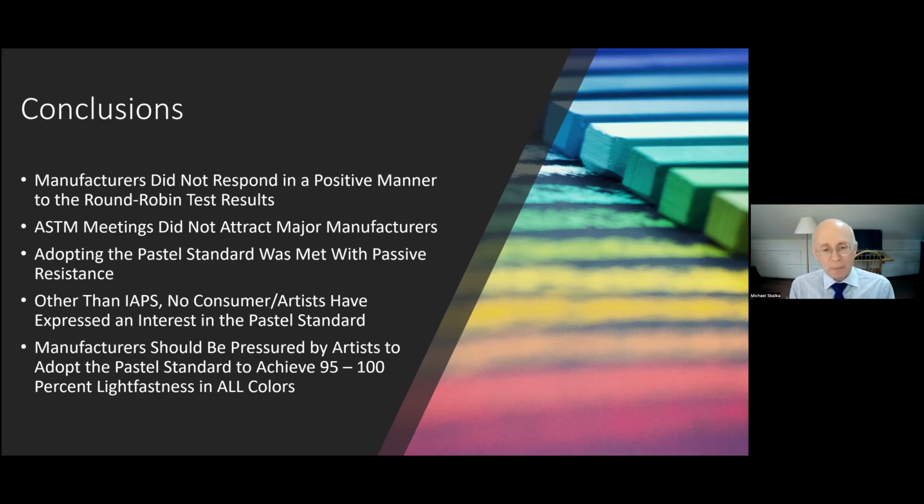In conclusion, our manufacturers that did attend did not respond in a very positive manner to our round robin results. There was a manufacturer who said, this can't be done. And it's like, well, the problem is when you did your indoor test, the fan speed of the indoor chamber was so high, it actually moved the samples around and scrambled them, and they were useless.